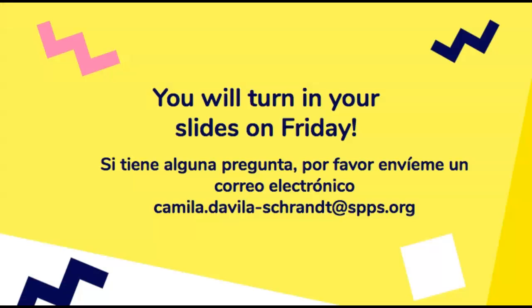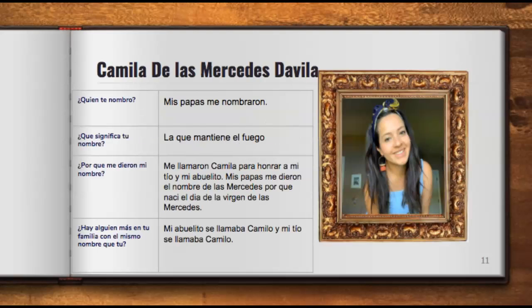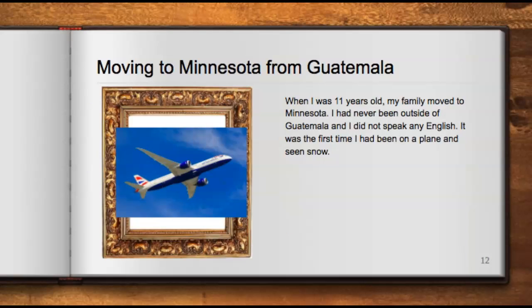And by the end, when you are done doing all of this, which as you could see, it didn't take me very long because we already had all of the information, it should look something like this. So we have Keeping Up with Miss Davila. We have the story of my name. We have this piece around moving to Minnesota from Guatemala when I was young.